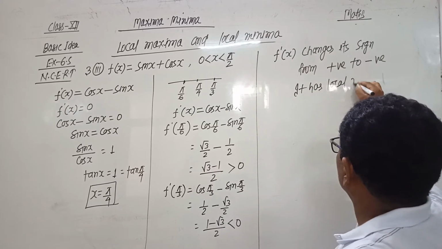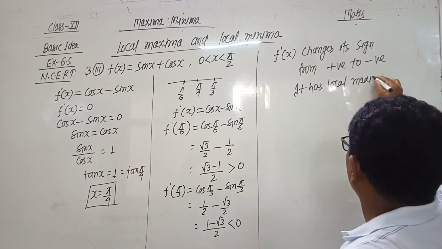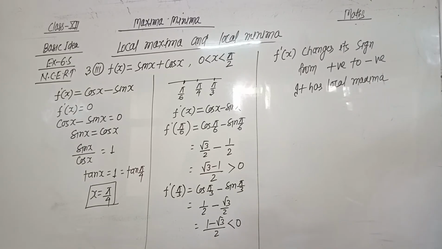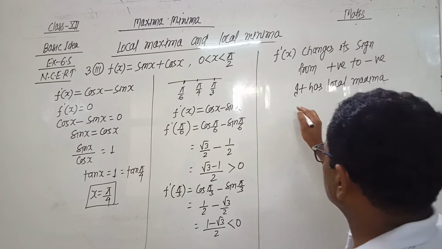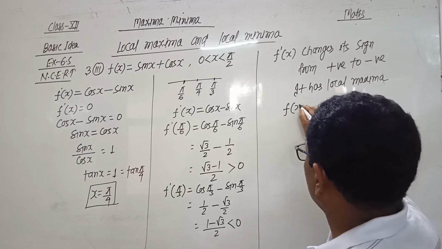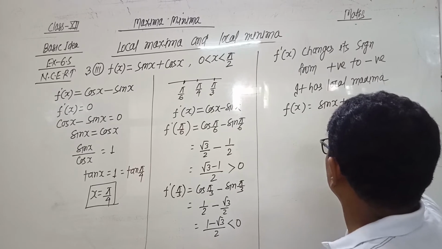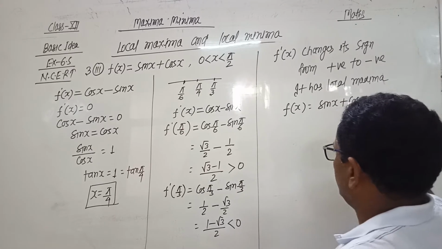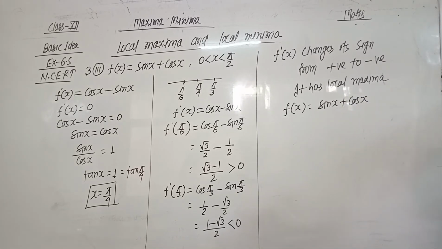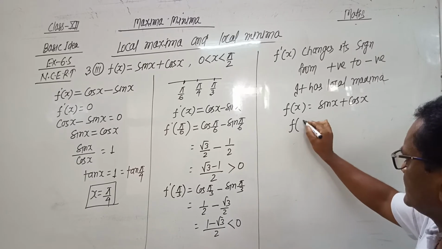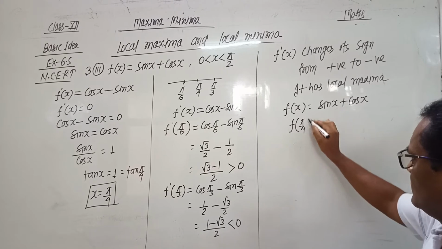It has a local maximum, and the local maximum value is found by putting x equals pi by 4 in the function. So the function is f(x) equals sin x plus cos x. Put x as pi by 4.